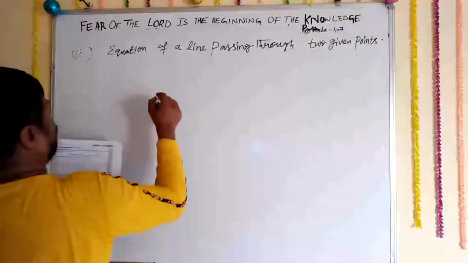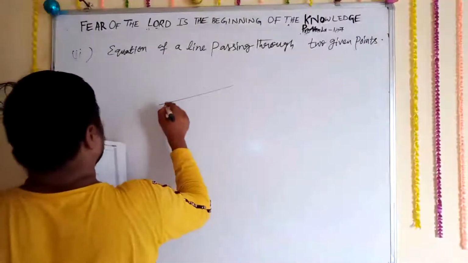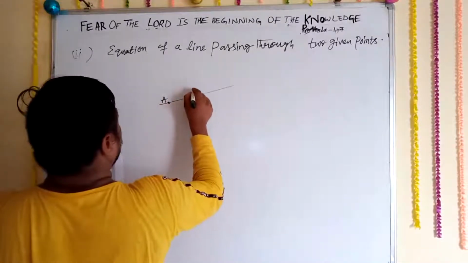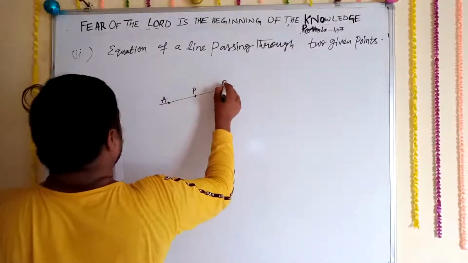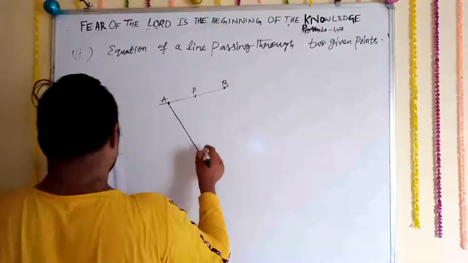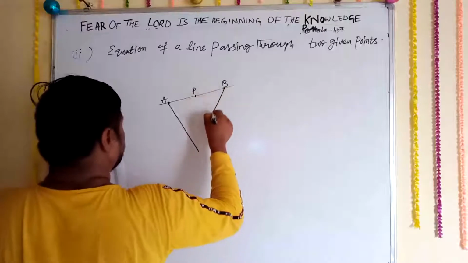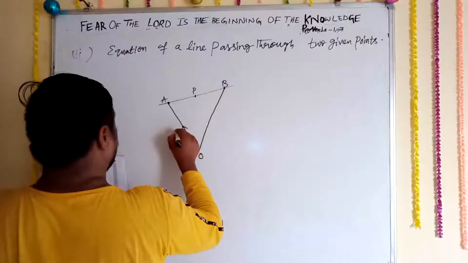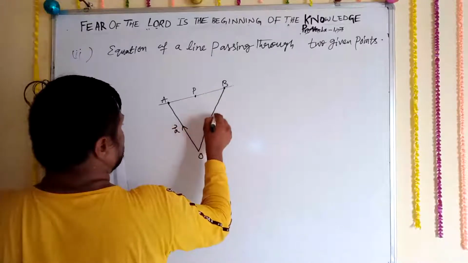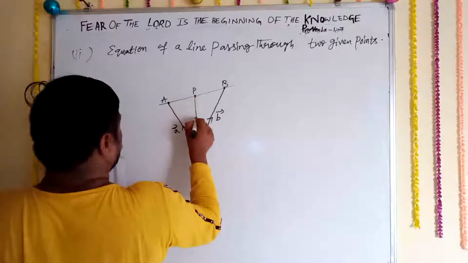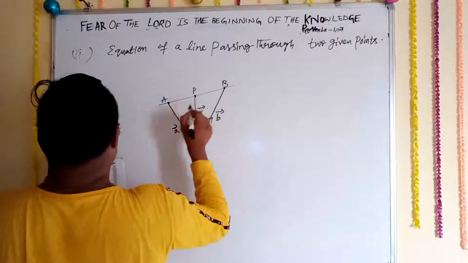Before going to that, first let me draw the points A, P, and B. O, this is a vector, and this is b vector, and this is your r vector.